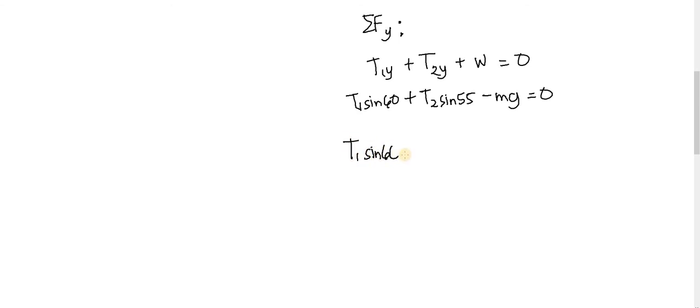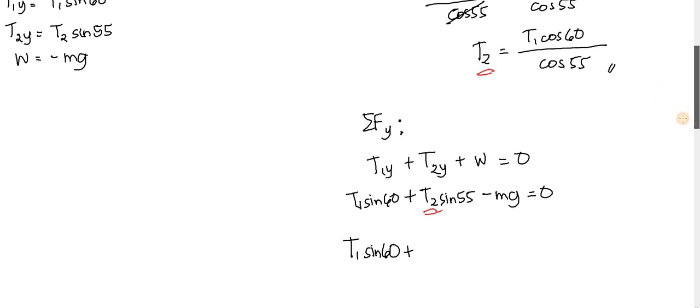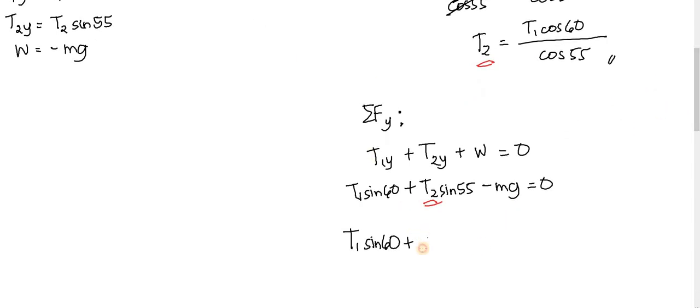The next thing to do is to copy T1 sine of 60, and then substitute here the T2. This T2 will be equal to the previous equation, so T1 cosine of 60 over cosine of 55, multiplied by sine of 55, equal to, of course, m times g.